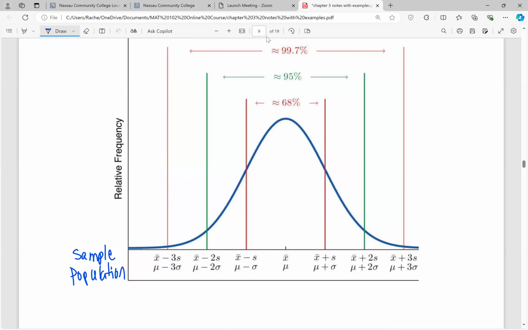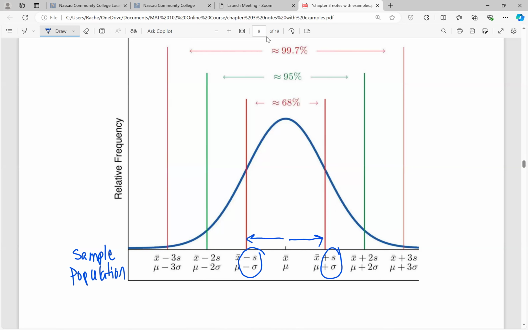The way this bell-shaped distribution is being divided up is by adding one or subtracting one standard deviation from the mean. So if I have the mean in the middle, whether it's the sample mean or the population mean, and we add one whole standard deviation, and then subtract one whole standard deviation, I went an equal distance on both sides of the mean.